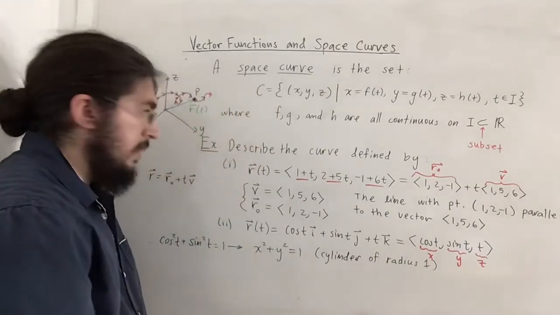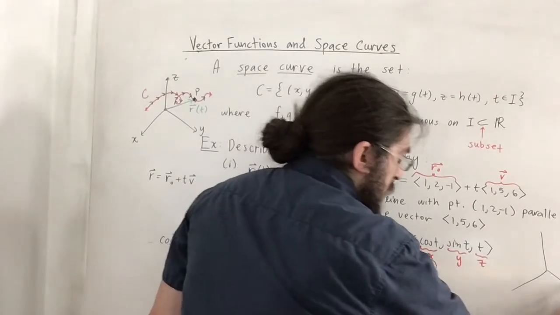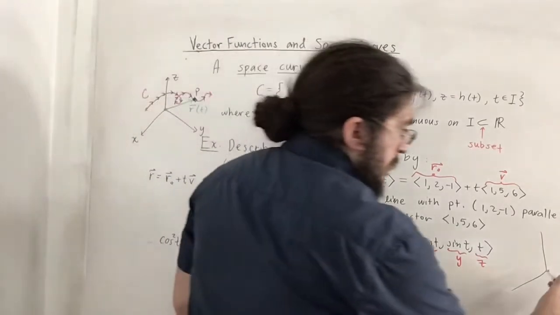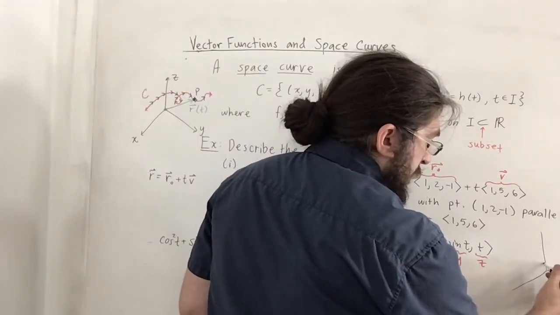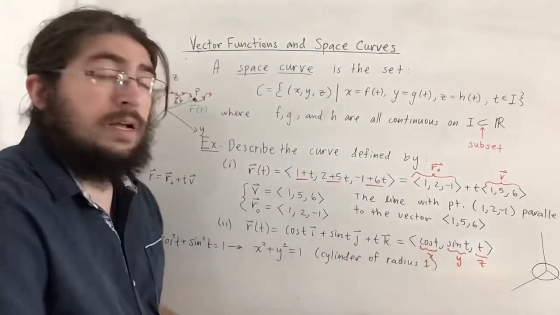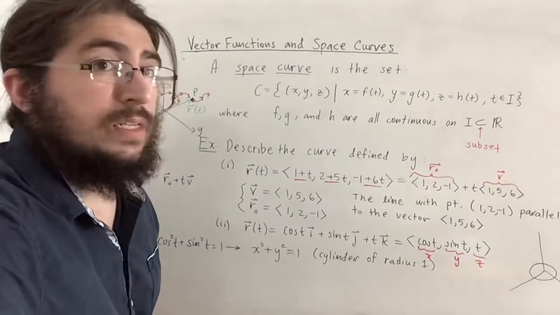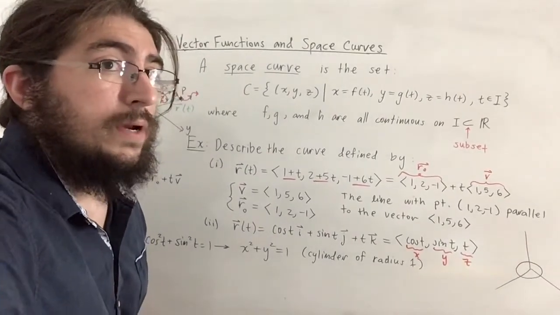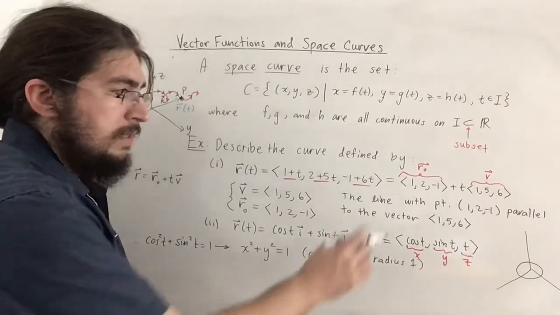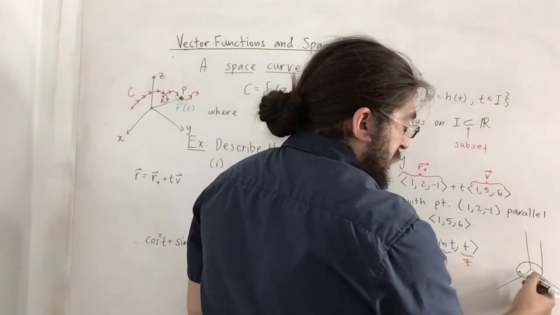Let me try to draw that, I guess over here, we have a little bit of space. I'm not going to label x, y, z. We should know what they are by now. Instead, let's take a look at this circle here on the xy plane of radius 1. I'm realizing my camera needs to be moved over so you can see the complete image. That looks a little better. If we're to draw the cylinder, we need to lift this up a bit.